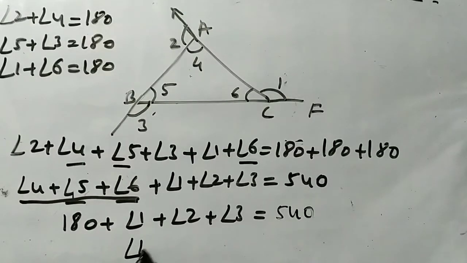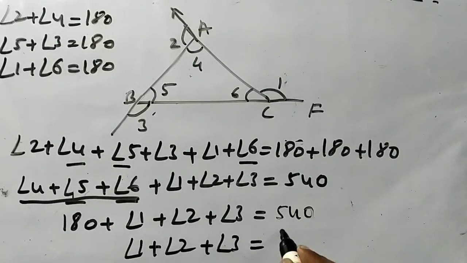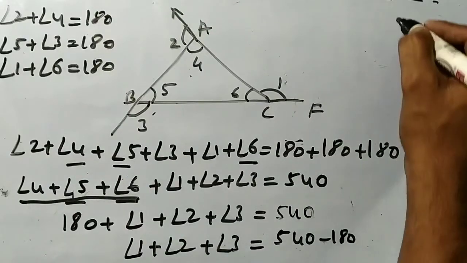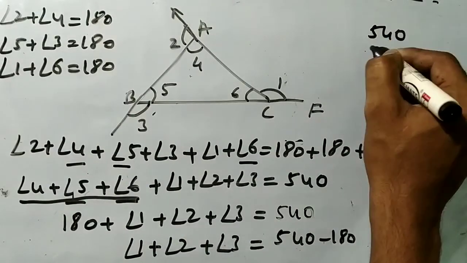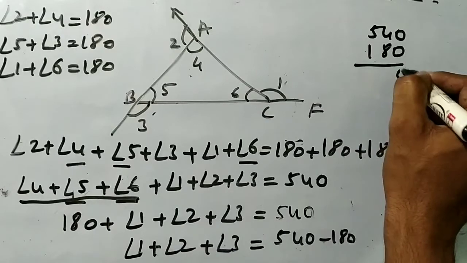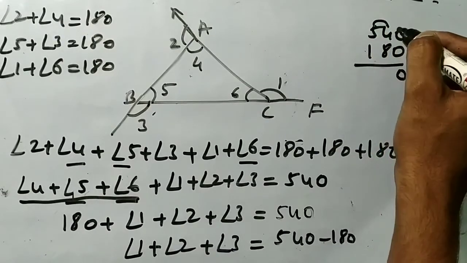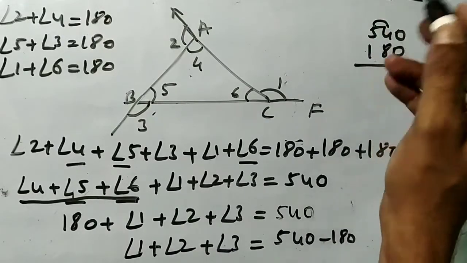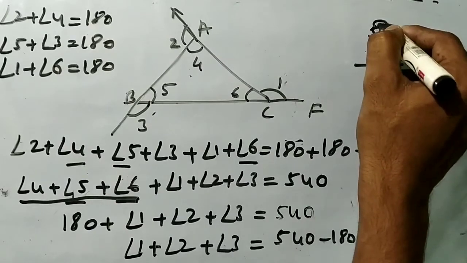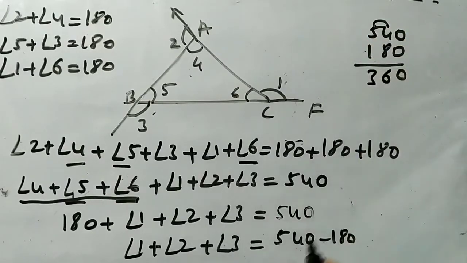So angle 1 plus angle 2 plus angle 3 is equal to 540 minus 180, which is 360. So we have proved that 1, 2, 3 are the exterior angles and the summation of exterior angles is equal to 360.